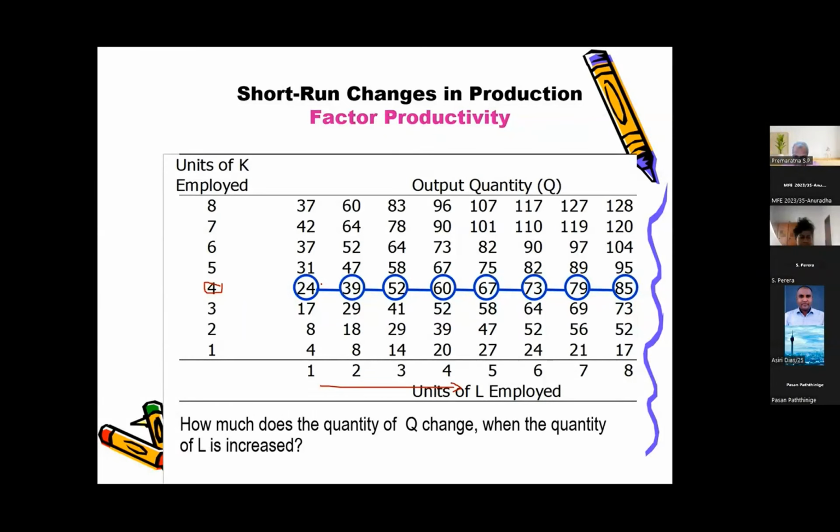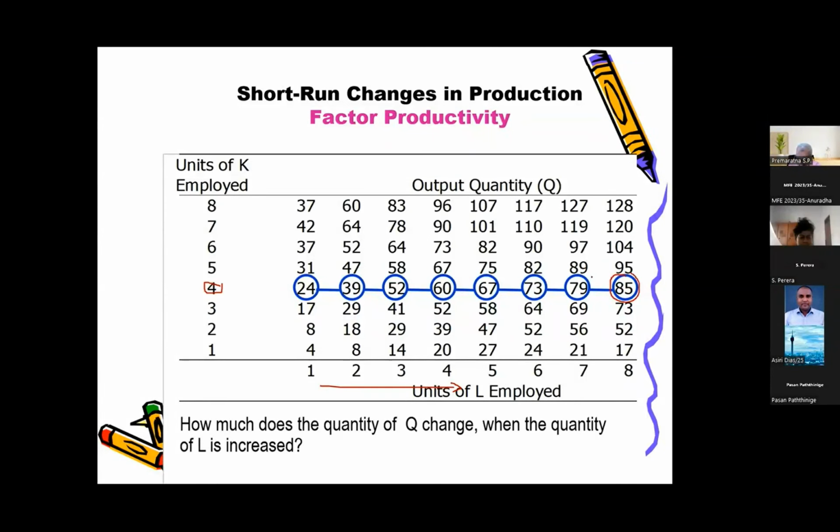Then the problem now is how to decide how many laborers to recruit. For that, of course, we have to look at the allocative efficiency side. It doesn't mean that we get to 85, the maximum, and that decides the number of labor.